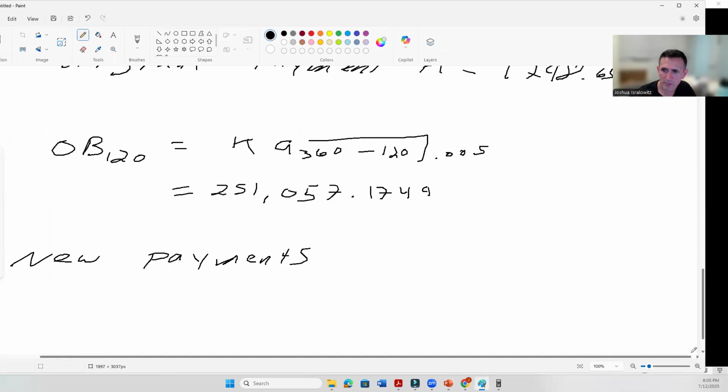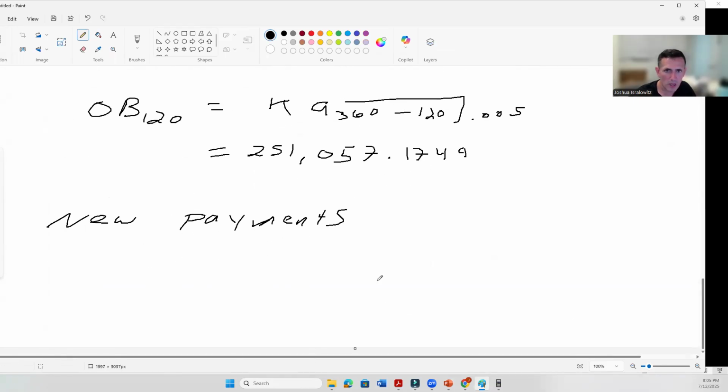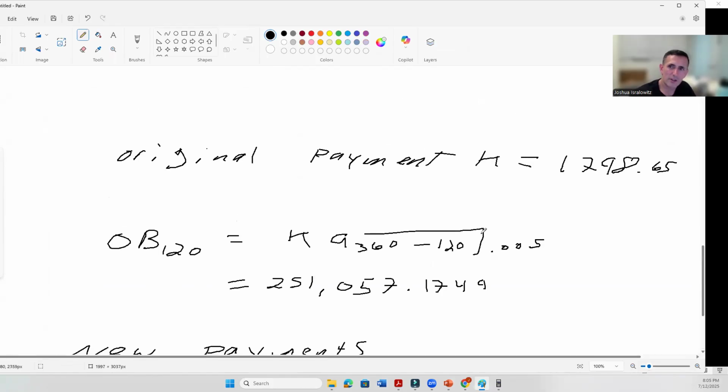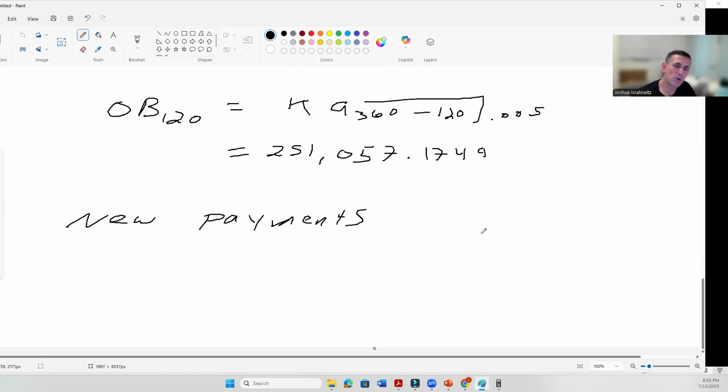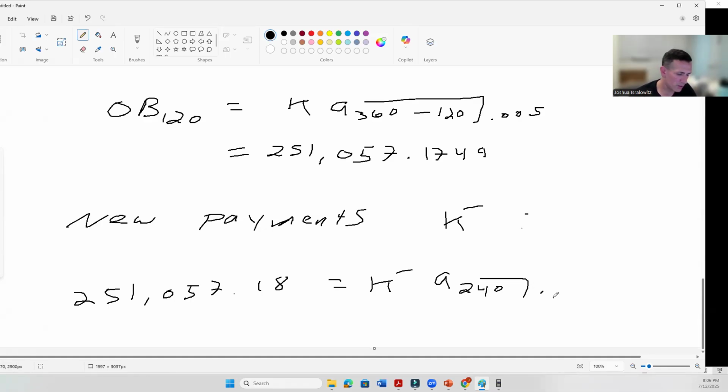If anything, just to make sure you don't get your numbers all jumbled up, maybe write down stuff to the nearest decimal. Okay, K prime used. Right, so it's this, 251,057.18 rounding, equals K prime. So 20 years, 240 months.